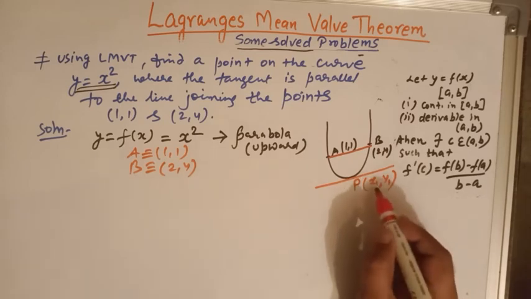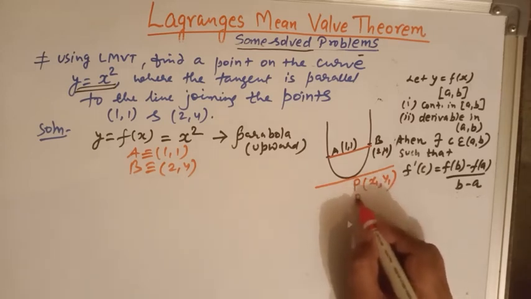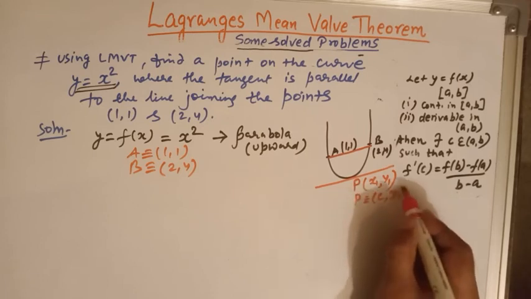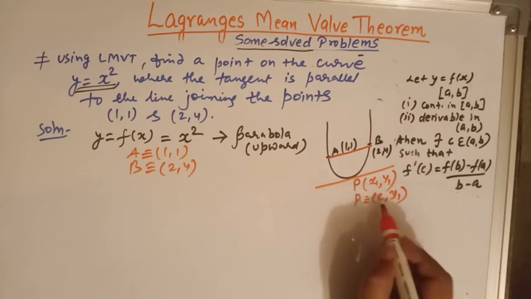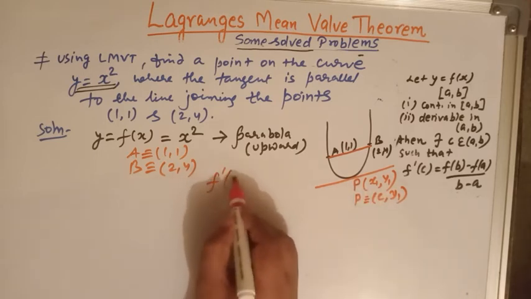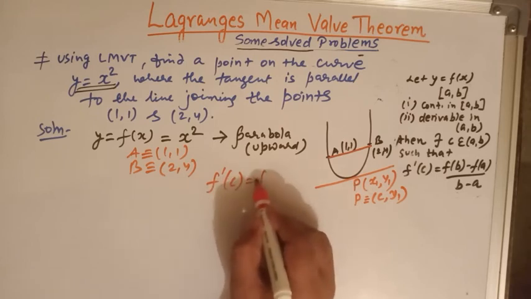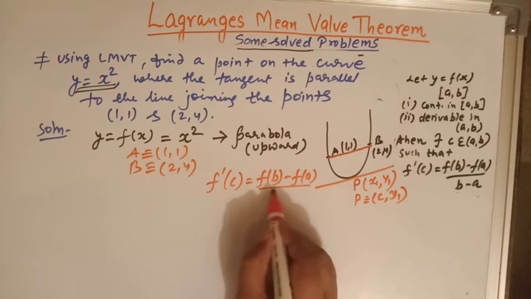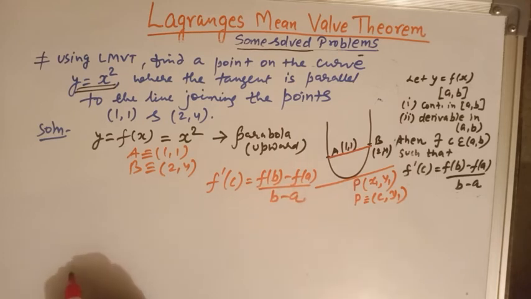Instead of x1, if I take this point P as (c, y1), the x coordinate is taken as c. So we have f prime of c is equal to f(b) minus f(a) divided by b minus a.